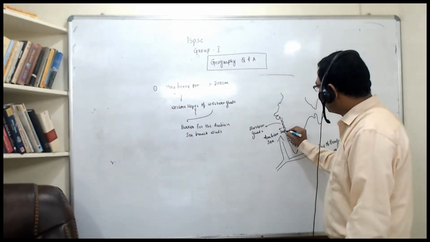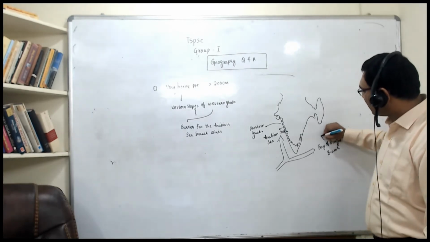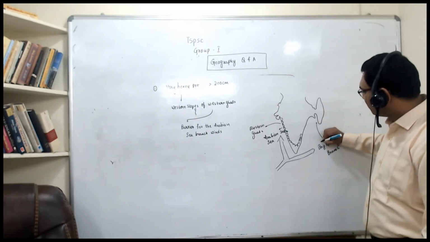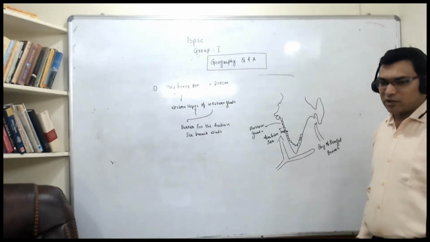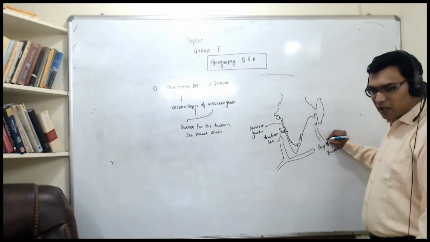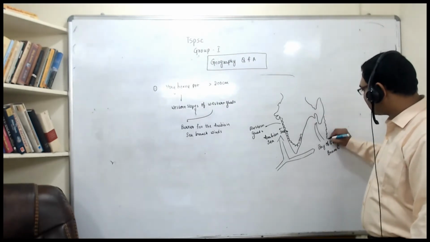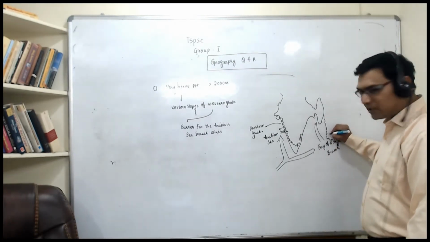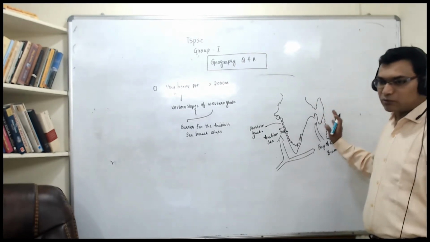Now again 200 centimeters of rainfall is here, because the Bay of Bengal branch is going like this. You have the Arakan Yoma mountains in Myanmar. They collide with the Arakan Yoma and go towards the northeast.